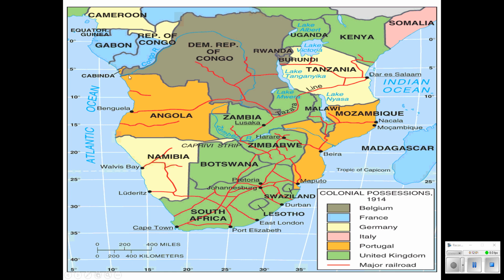but it actually doesn't touch the rest of Angola, so that the Democratic Republic of Congo has an outlet to the ocean. This kind of weird, funky shape is called the Caprivi Strip. Namibia was German Southwest Africa, and they were desperately trying to get access to the Zambezi River so that they would have an outlet over to the east side of Africa into the Indian Ocean.